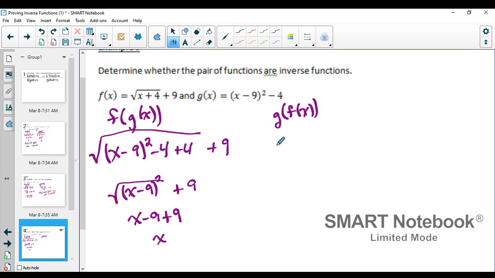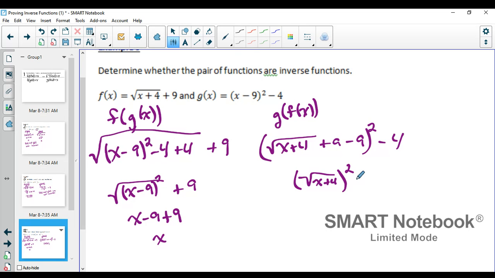So now we're putting f into g. So we have x plus 4 underneath the square root, plus 9, minus 9, and all of that squared, minus 4. So start inside the parentheses. The positive 9 and the negative 9 are going to cancel. So we have the square root of x plus 4, squared, minus 4. So we're squaring a square root, which means it goes away.